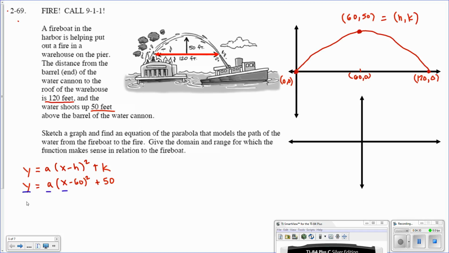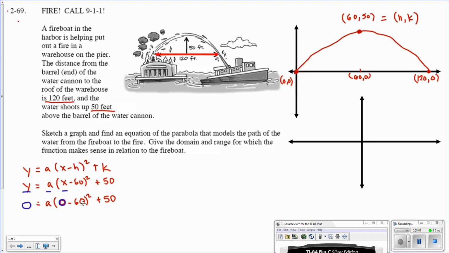So I'm going to say for my y coordinate, I'm going to put in 0. And we're going to say 0 equals a times 0, because that's my x coordinate. Oops, actually I'll make that blue so you can see which one I'm plugging in there. And then I've got minus 60 squared plus 50.